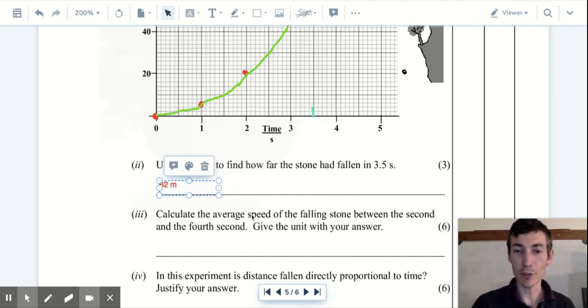Calculate the average speed of the falling stone between the second and the fourth second. That's a bit of a tongue twister, isn't it? Give the unit of your answer. Okay, so we are looking to calculate the speed. Now, first of all, when you get any question that's looking to calculate speed, you're going to think of your speed equation.